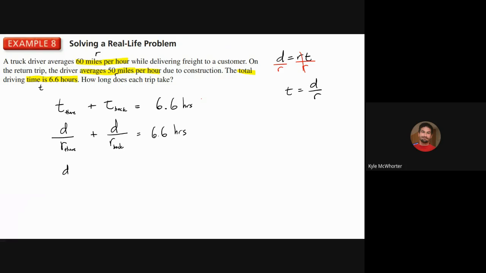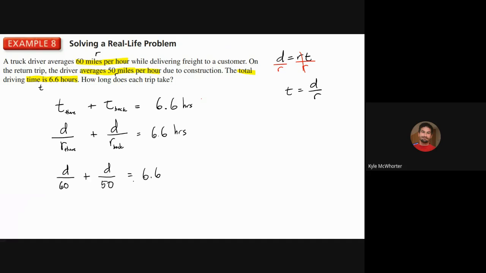So this is d over 60 miles per hour, and the rate on the way back was 50 miles an hour. Now the trick on this one is, how are we going to get the d in one place so we can solve for the distance?